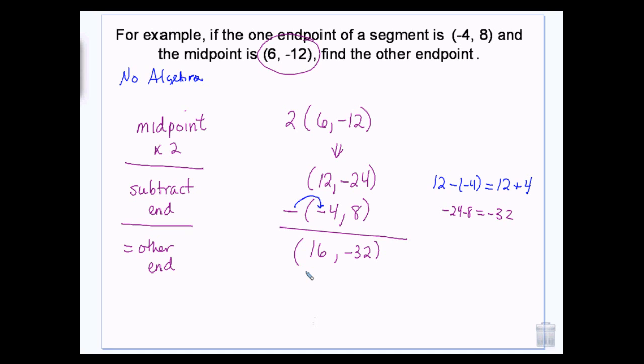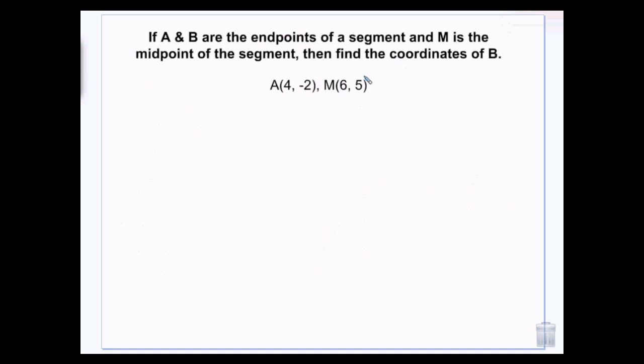You want to see a couple more like that? Okay. An end point and the midpoint. And we want to find the other end, which I can't spell that either apparently, which is B. Okay. So algebra, not algebra.